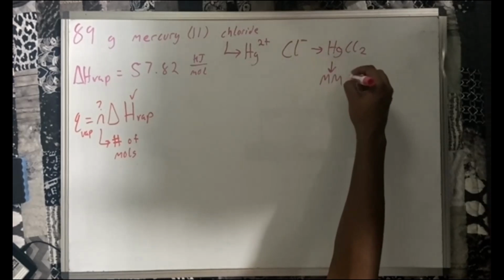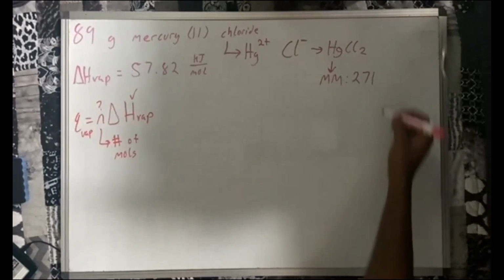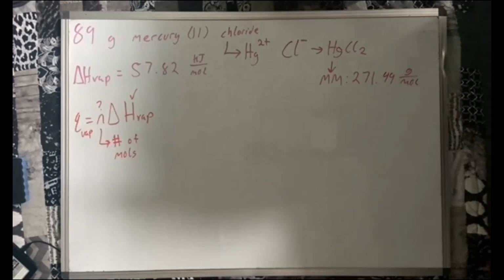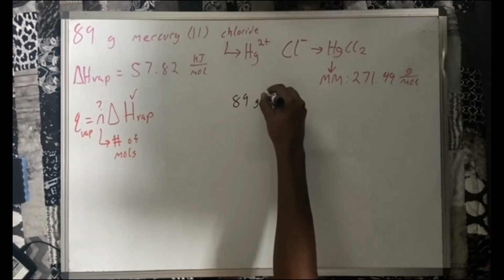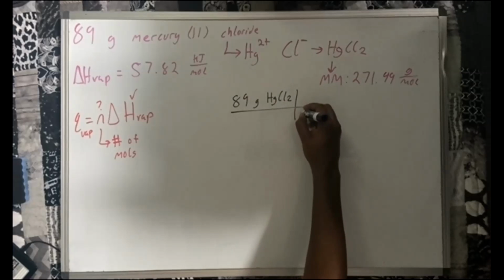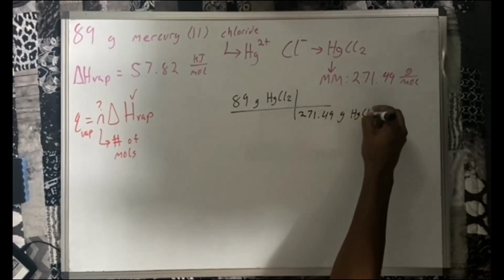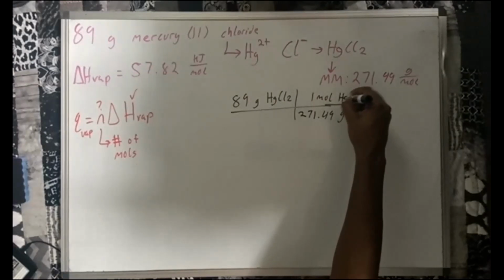Molar mass is 271.49 grams per mole. Right, so now it's easy to find the moles. I have 89 grams HgCl2 for every 271.49 grams of HgCl2, I get 1 mole HgCl2.